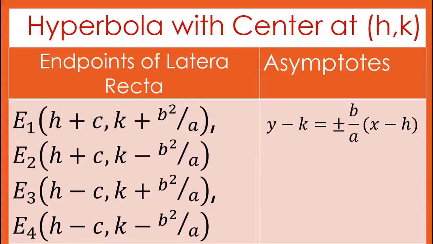That's all I do, and then from those definitions, without memorizing all of these parts of the hyperbola with center at (h, k), I can easily sketch the graph of the hyperbola. And I'm going to give you examples on how to do that.